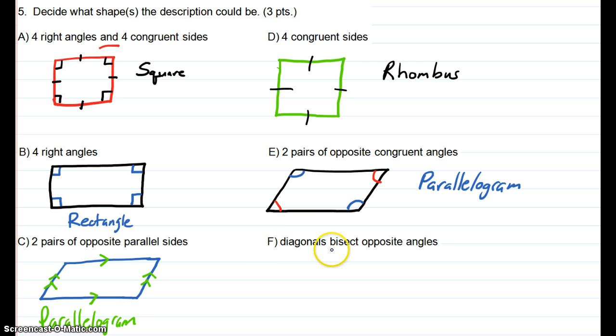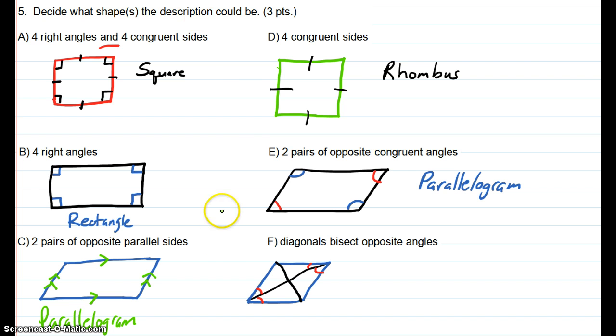F, the diagonals bisect opposite angles. So for this, if I draw in my diagonals, I want to have these angles bisected.